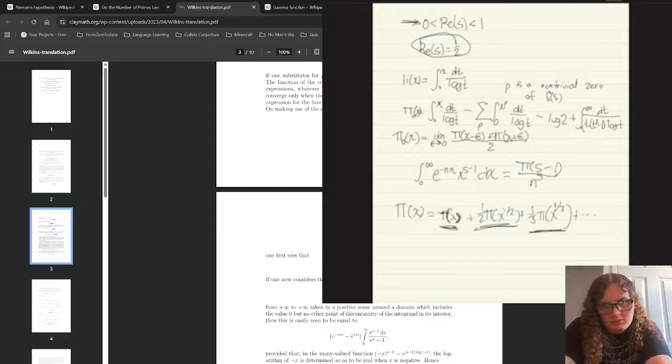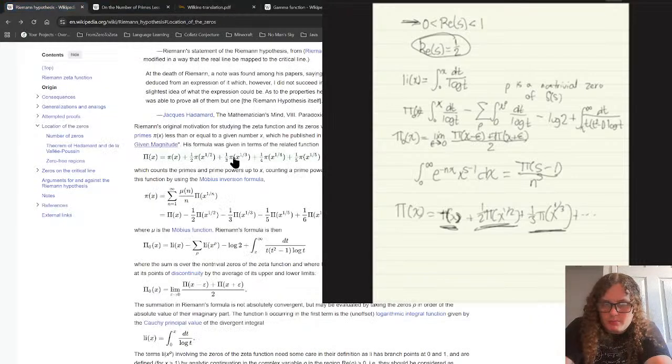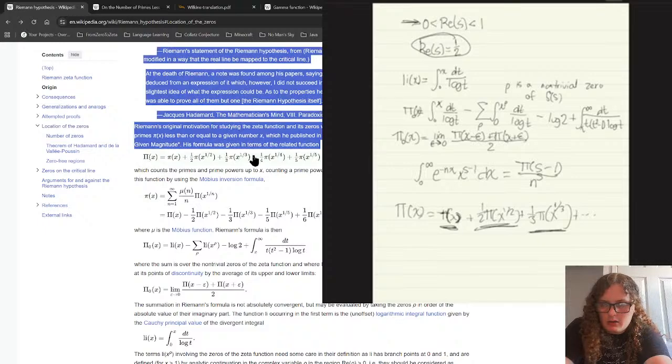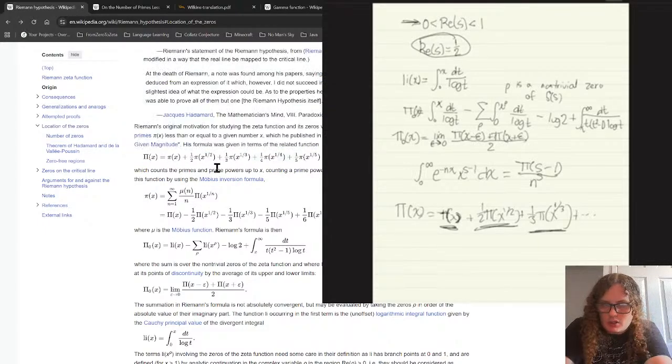Now, one thing that worries me a little bit is s is a complex number, but x here in this definition is a natural number, right?